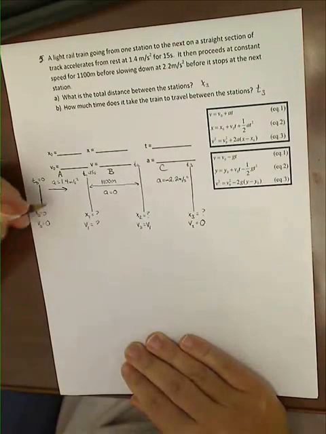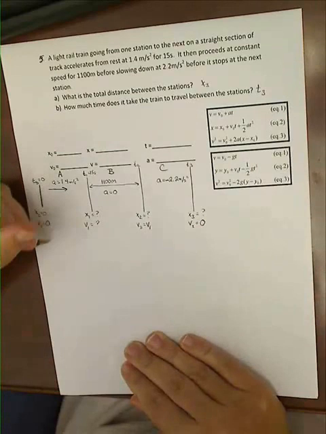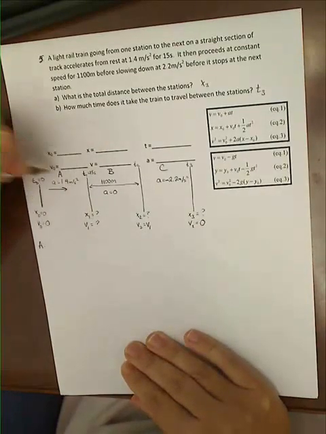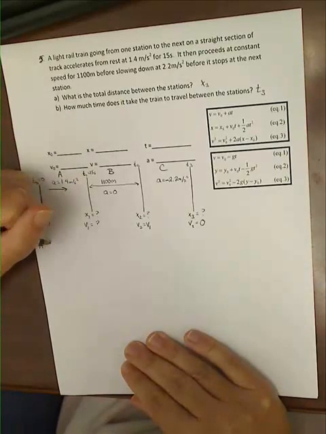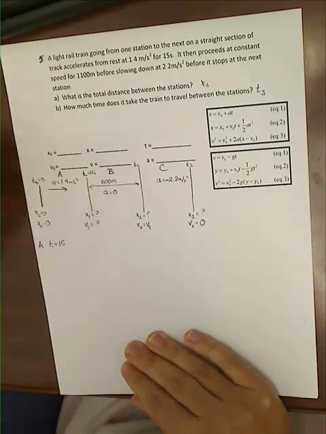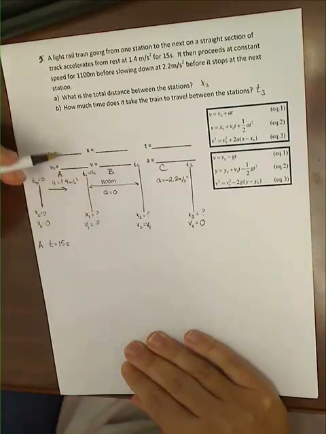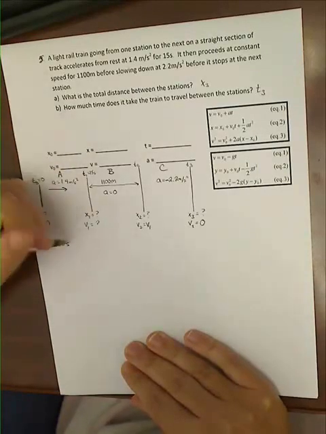So let's start off with region A. In region A, I've got an acceleration of 1.4 meters per second squared. My time is the time between initial and final, so that's 15 seconds. I don't know my position at the end.